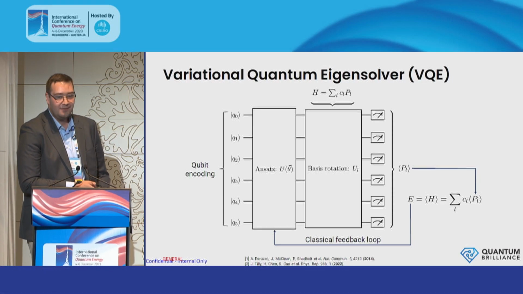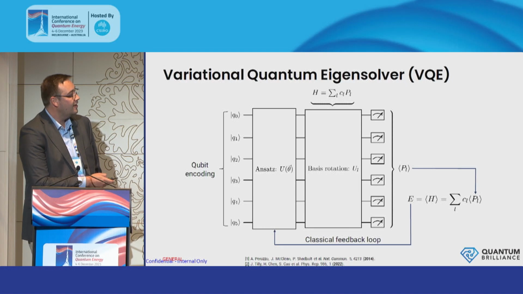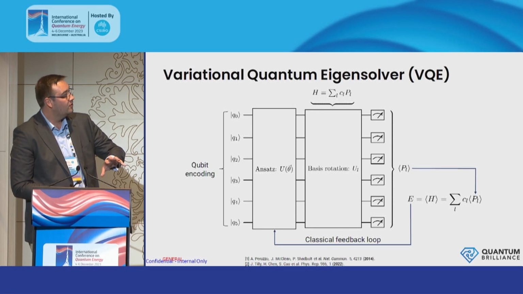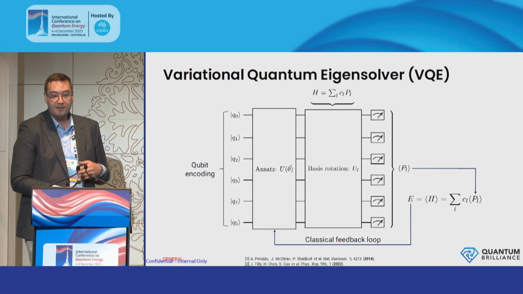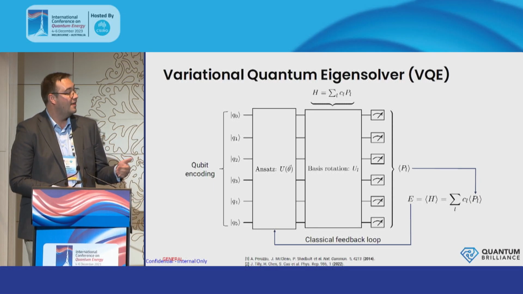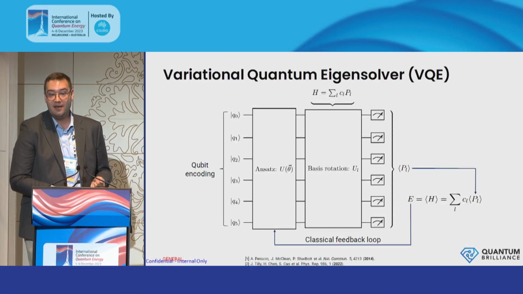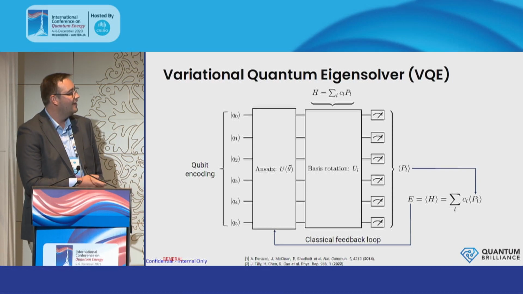The general way this works is really, really simple. You start with a general qubit encoding where you map your quantum chemical fundamentals to individual qubits, to your qubit register. Then you apply a parameterized ansatz circuit that hopefully creates the many-particle wave function, or a good representation of the full electronic wave function.